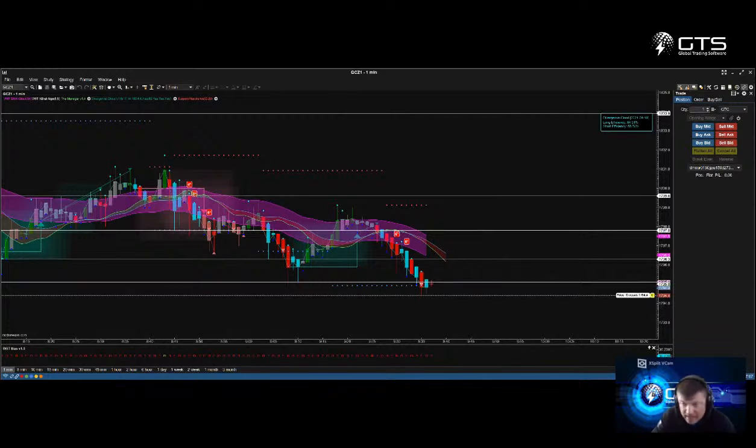Just mind the rules of the system, and you'll be just fine. The losses will not be too great. Let's see here. Oil still looks like we're hanging out around the top of that range right there. I'm going to throw an alert up there.